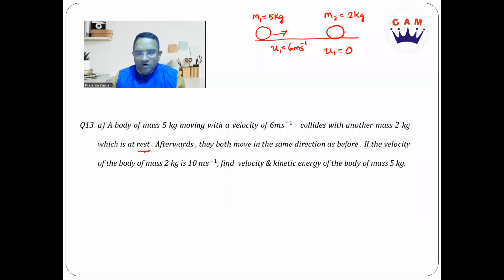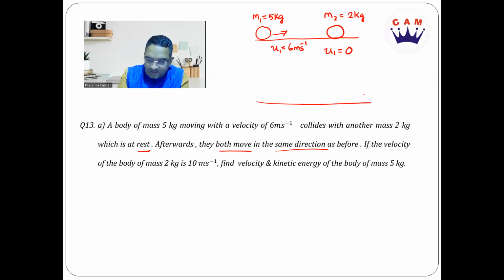Now, the moment the collision happens, after the collision, they both are going to move in the same direction, which is, let's say, towards the right in this case, what we have assumed. After the collision, your 2 kg mass is going to move with a velocity v2.